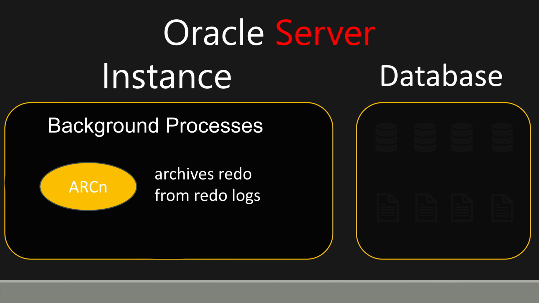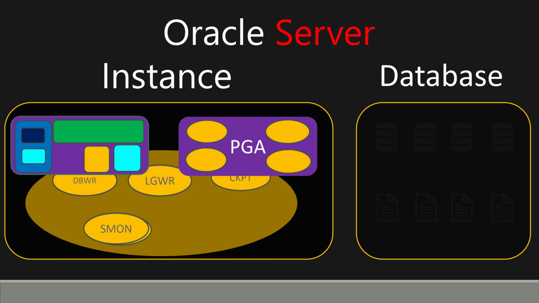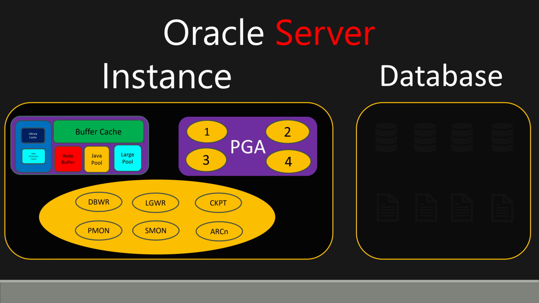Archiver process archives redo logs into archive log files for backup and recovery purposes. So these are all the six background processes.